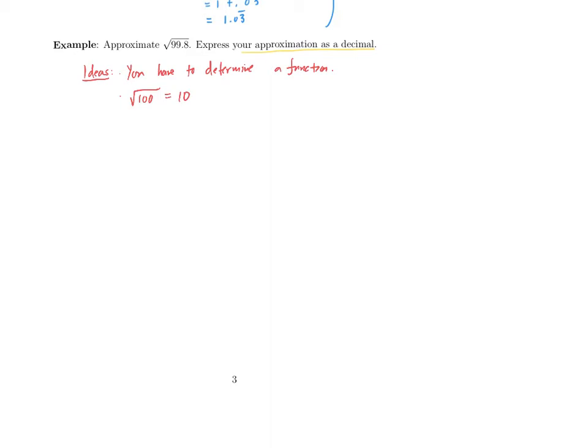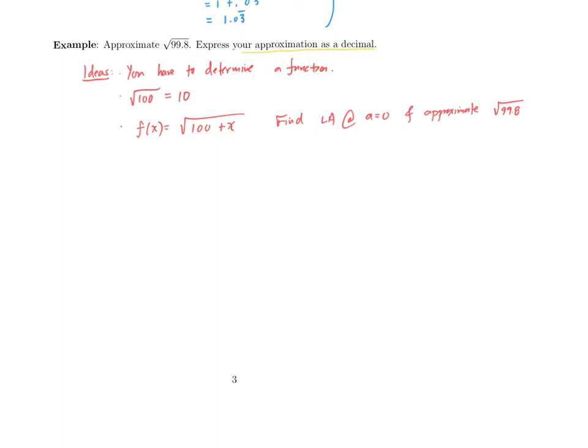And with this in mind, we could maybe come up with the function that we want to define, and there's many different ways that you can come up with the function. So I'm going to, in this example, say, how about we use f of x equals the square root of 100 plus x, and what we would like to do is find the linear approximation at a equals 0 and use it to approximate that desired value of the square root of 99.8.